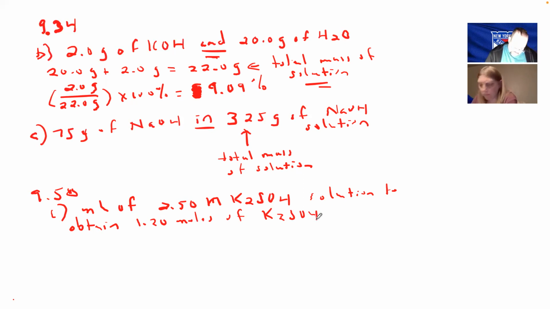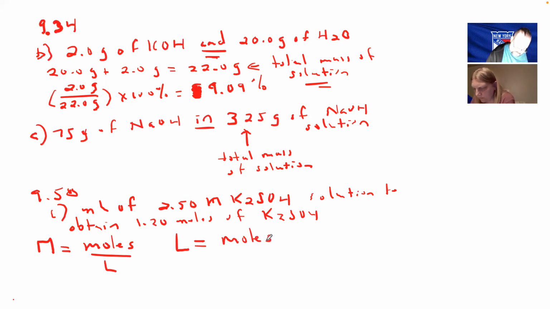So remember, molarity is equal to moles per liter. So if we want to solve for the number of liters, the number of liters would be equal to the moles over the molarity.